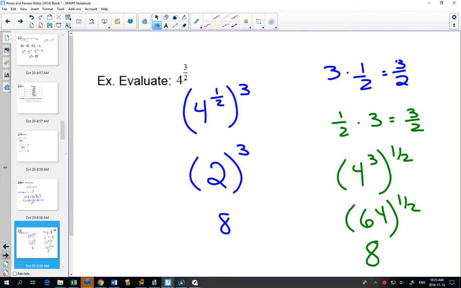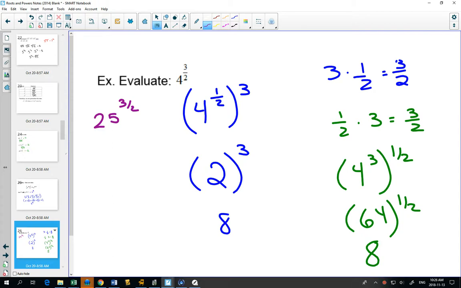Like I can make another example where this would be very bad to use. Okay, let's go 64 to the 3/2. Oh no, this is still not the best example. Maybe we won't make it such big numbers. Let's just make it 25 to the 3/2.